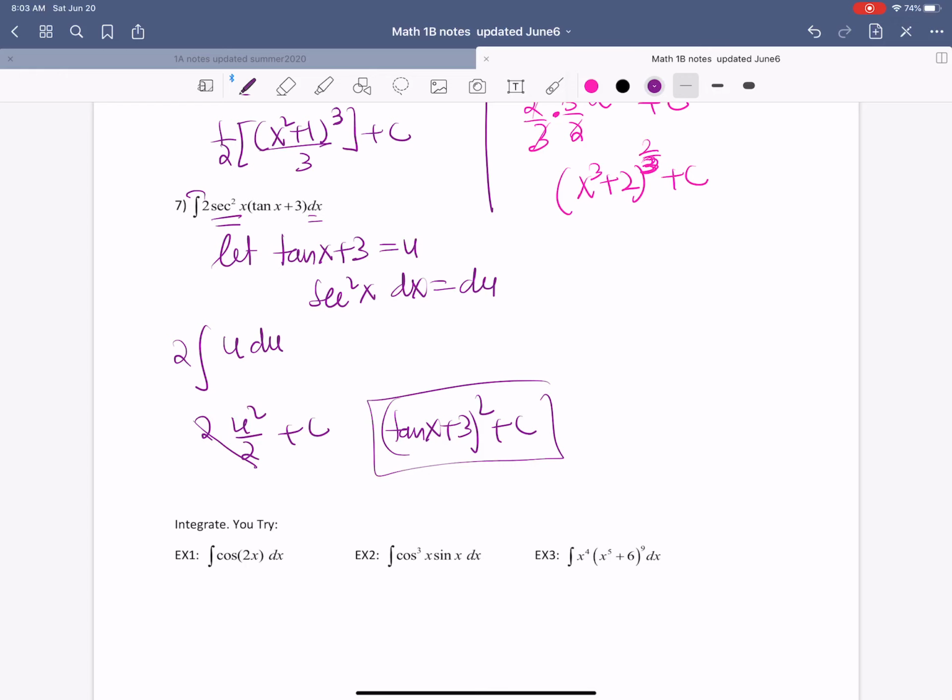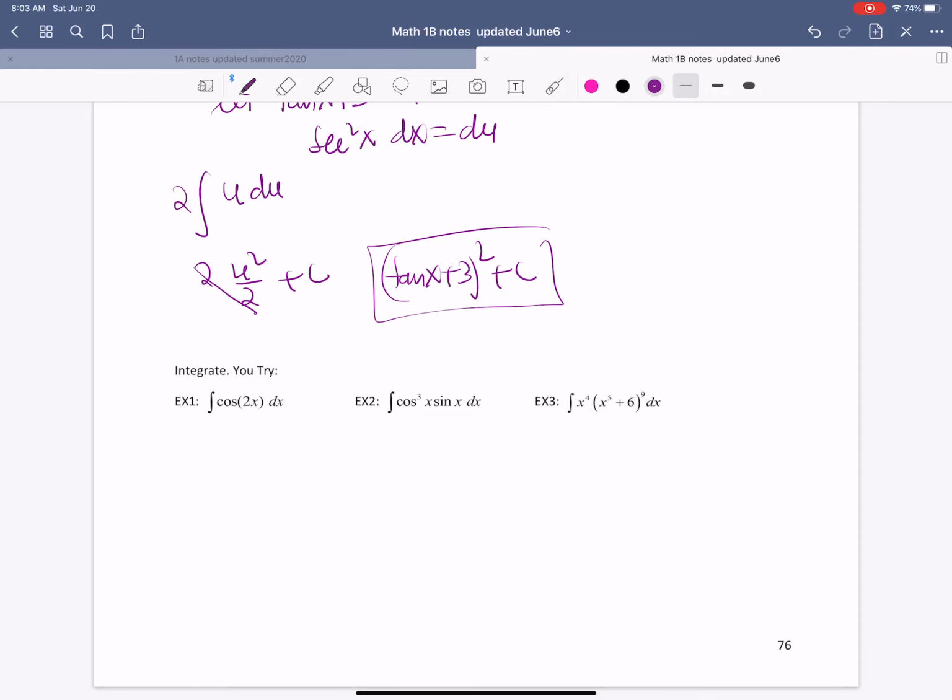All right. So next few problems, pause for a minute, give them a try, evaluate these integrals, and then check back with me. The first one, once I do the integration, it would be sine 2x divided by 2.